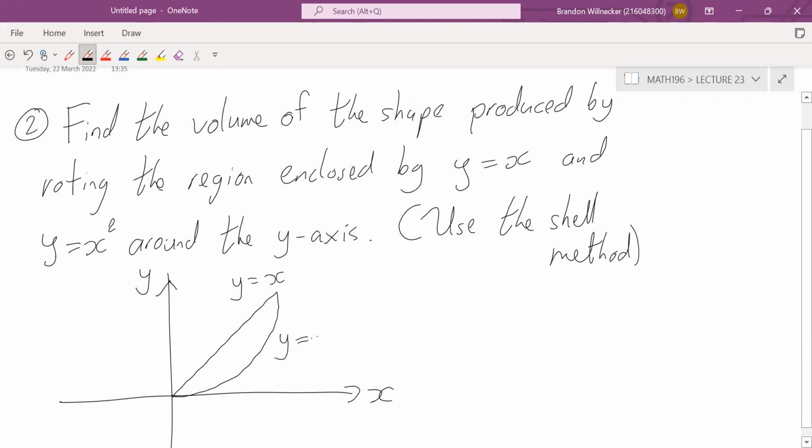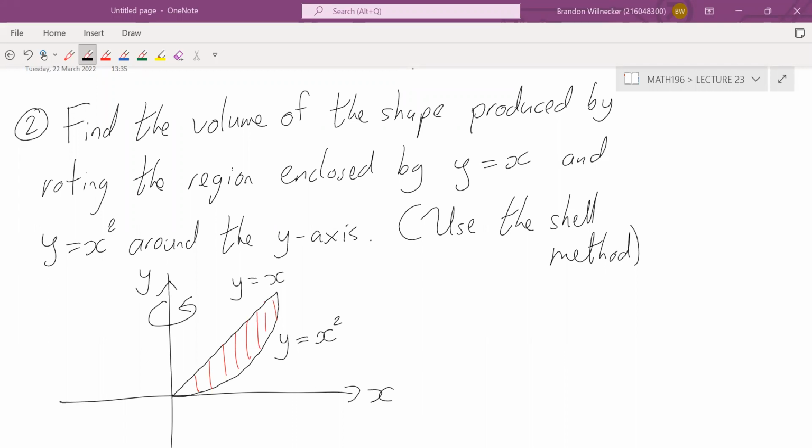At the bottom, we have y equals x squared. Okay, and then this is the region enclosed. We want to rotate this around the y-axis, like that. Okay, so we've done this before using the washer method. Now we want to try and use the shell method. Of course, we should be getting the same answer.